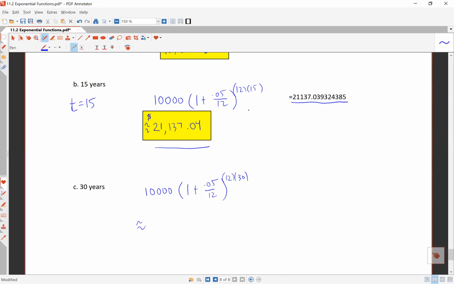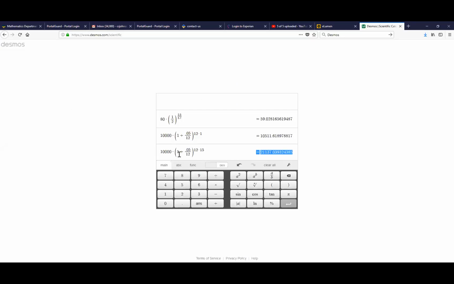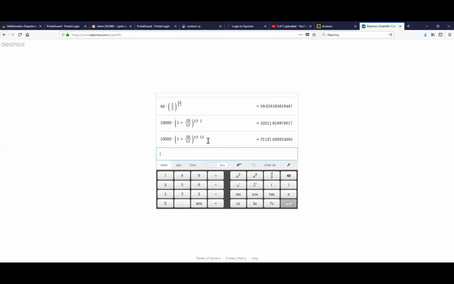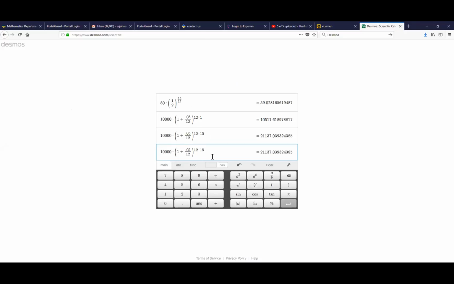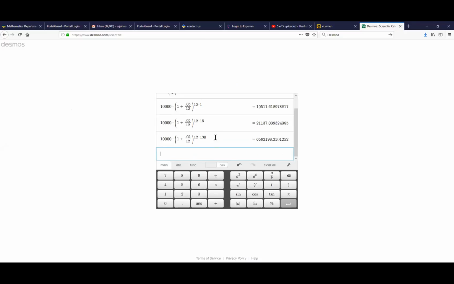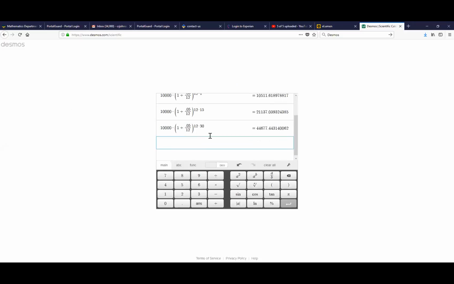For 30 years, we have 10,000 times 1 plus 0.05 over 12 raised to the 12 times 30. Changing the 15 to 30 gives us $44,677.